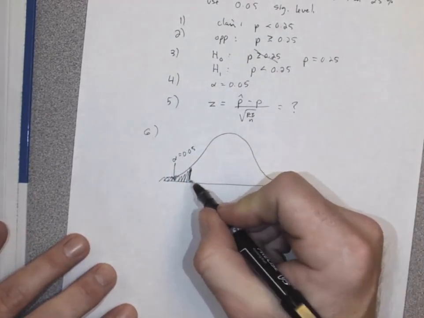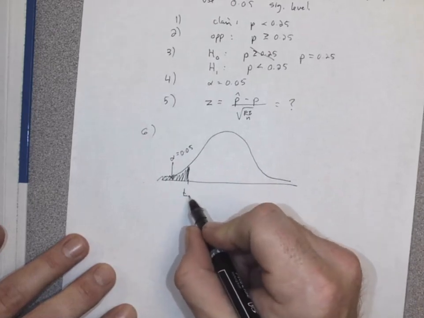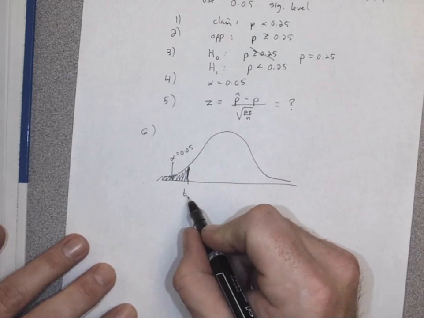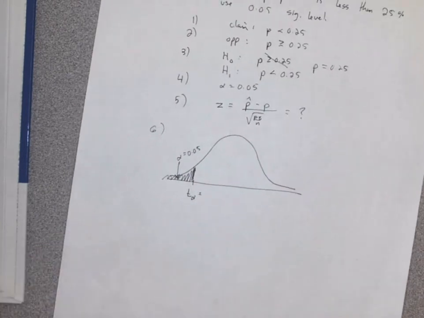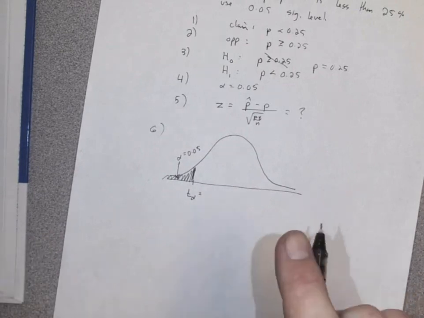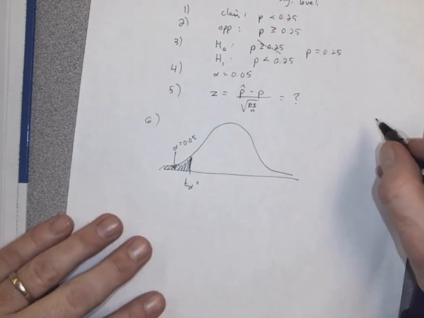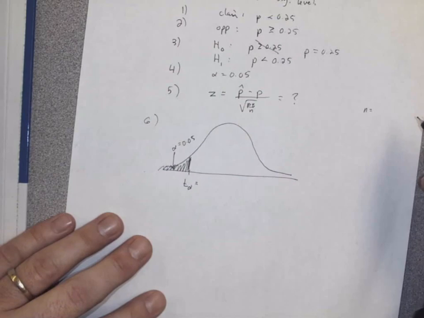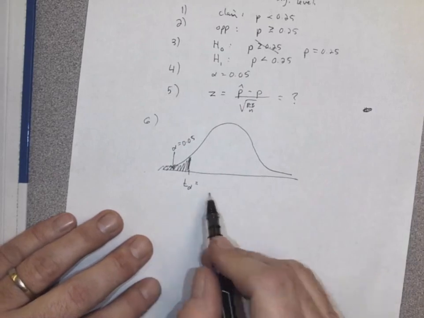This 0.05 is going to give me a critical value, which is a t alpha, tied to that particular level. Now, n is going to be given because we've calculated this, so we'll know n. So t alpha, you're going to be able to find that.